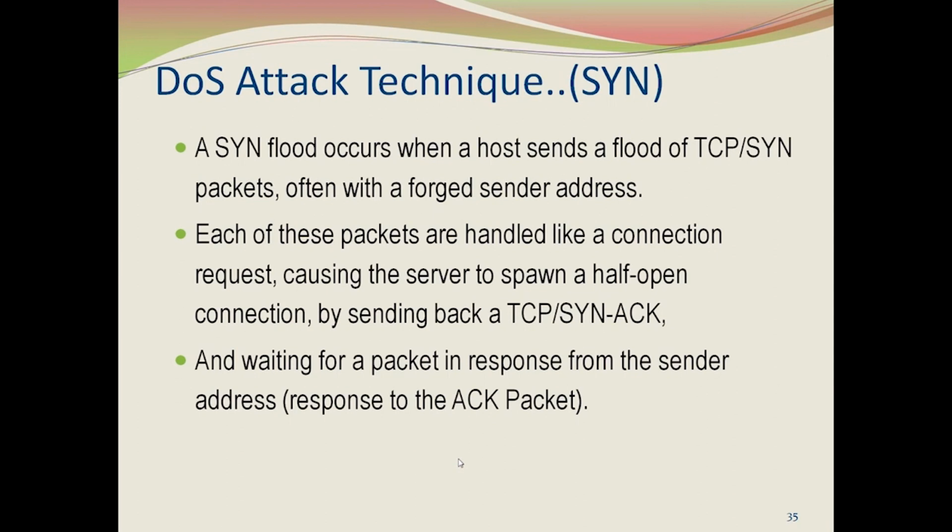But actually that forged IP address has never requested the server. Okay. So, even if it gets some SYN-ACK, it understands that there may be some problem. So, it does not send any ACK back.